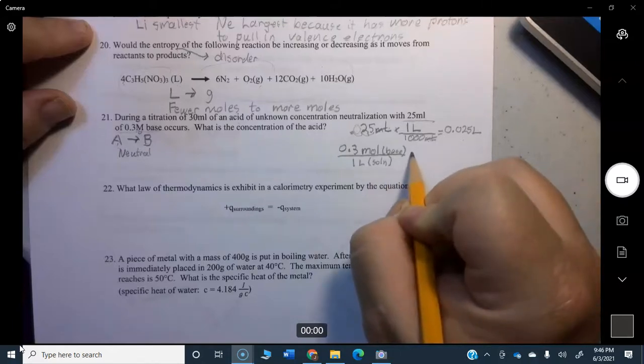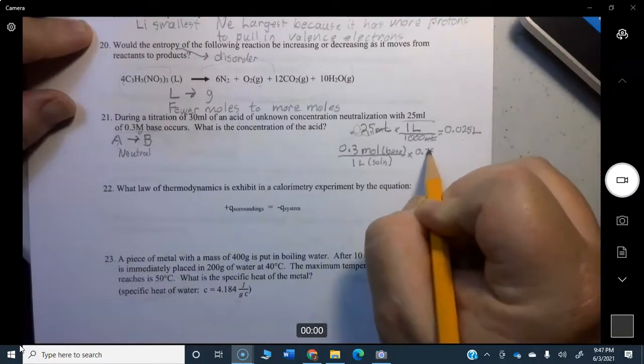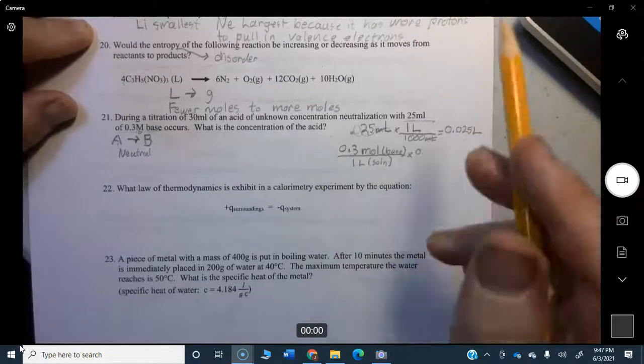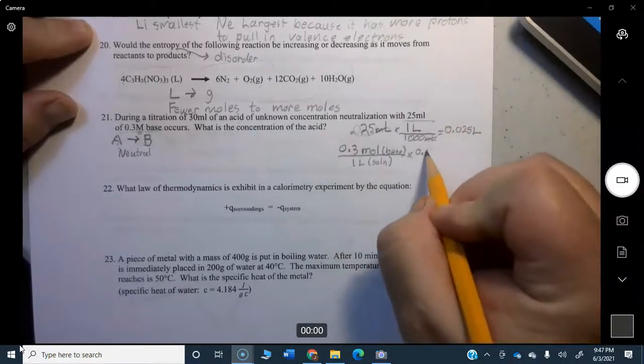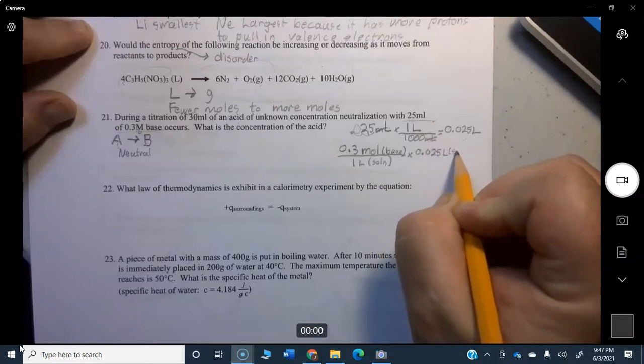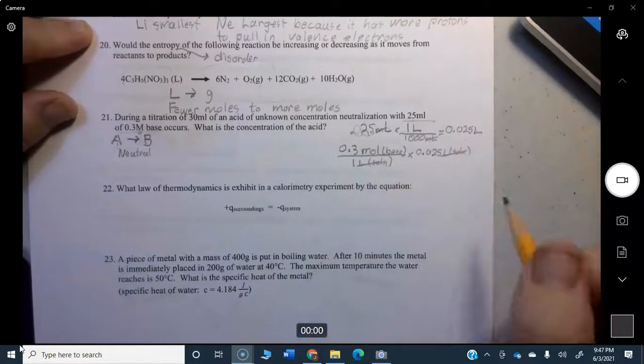Then you're going to multiply that by 0.25 liters of the solution. So liters of solution cancels there and there. You're going to end up with moles.